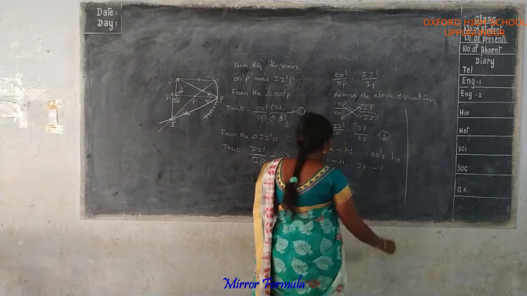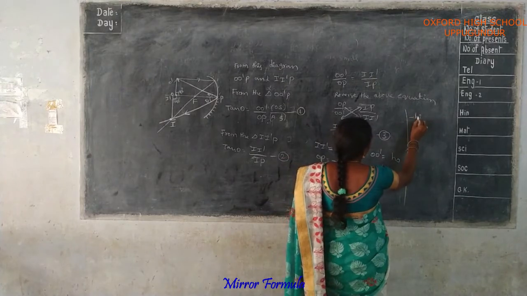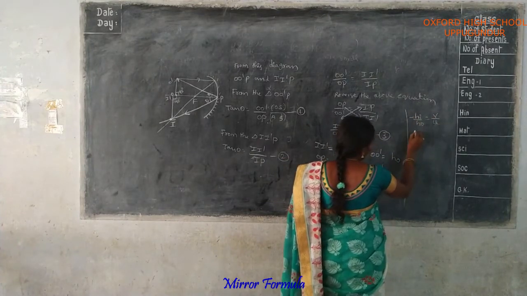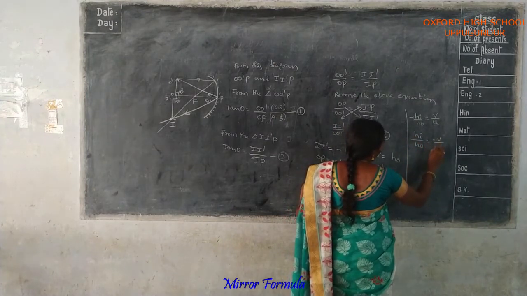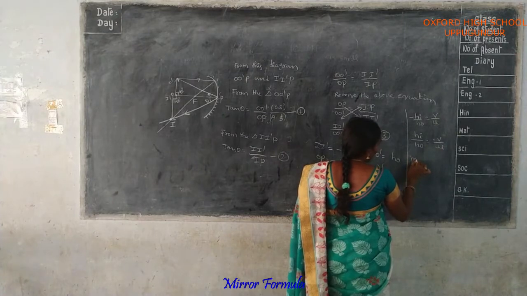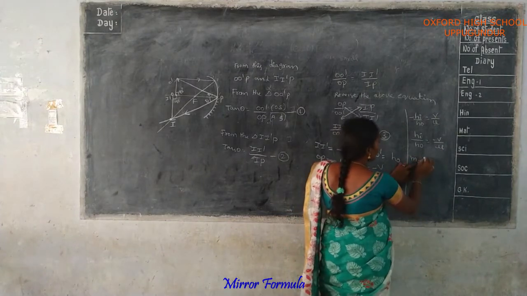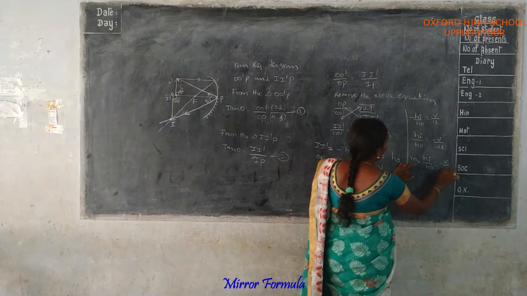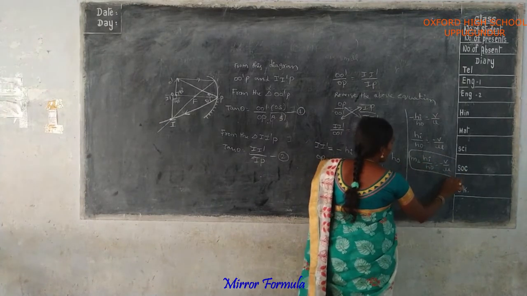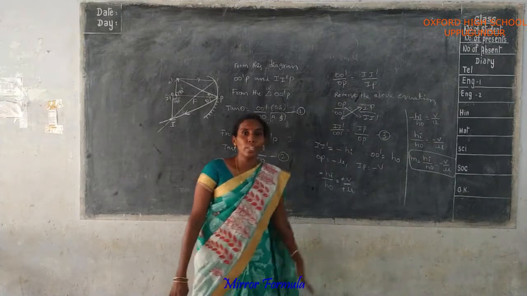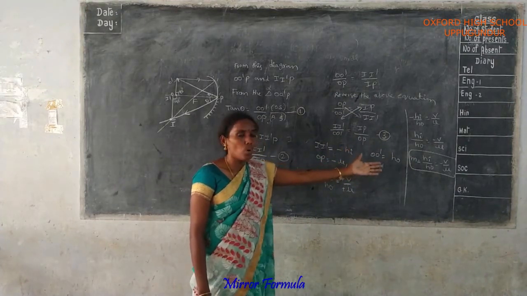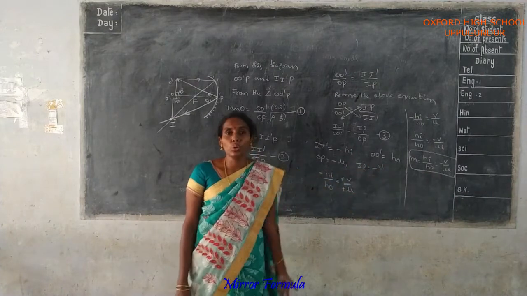This should be written as HI by HO is equal to minus V by U. So magnification M is equal to HI by HO is equal to minus V by U. This is the formula to find the magnification of any mirror.